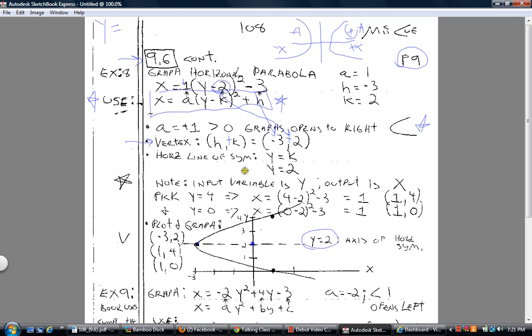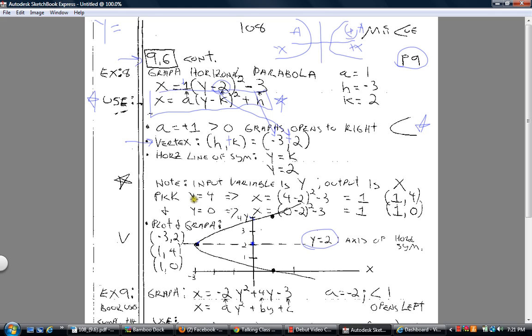Now the question is, we've got to find a couple more points. Y equals 2, I picked 2 units up. I said if y equals 4, where would it be? So I put 4 in. Going back to the original equation, 4 minus 2 is 2, 2 squared is 4, minus 3 is 1. Now watch what you did.